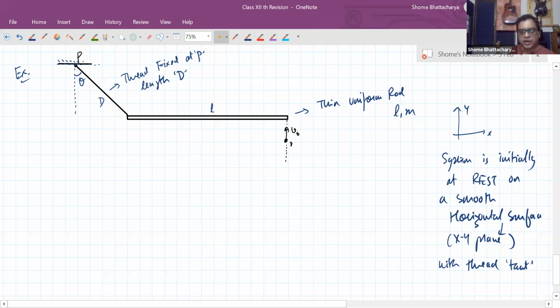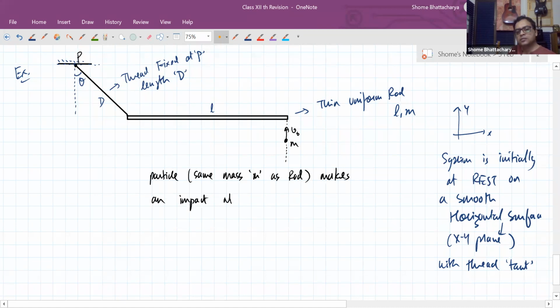So the particle, same mass as the rod, makes an impact at the end point of the rod and sticks to it. It sticks to that point on the rod.